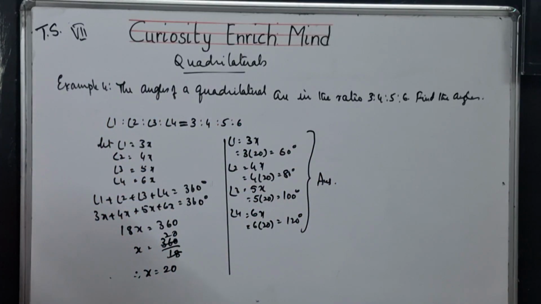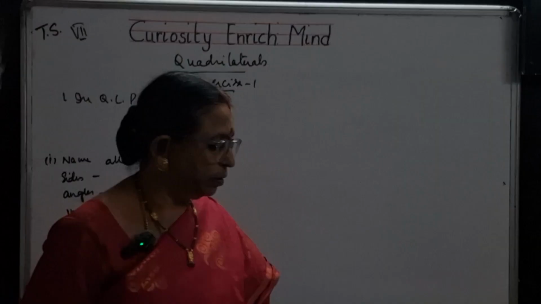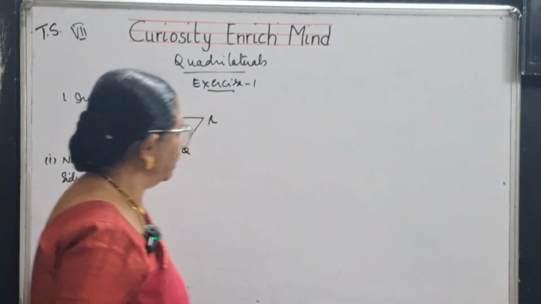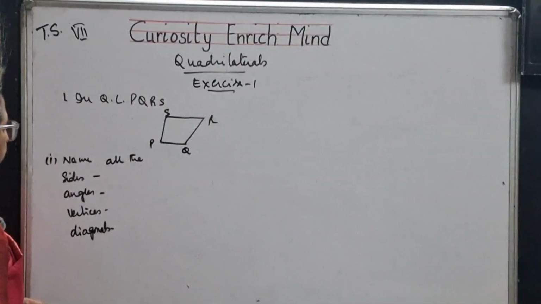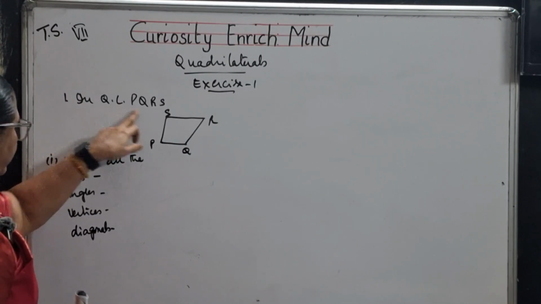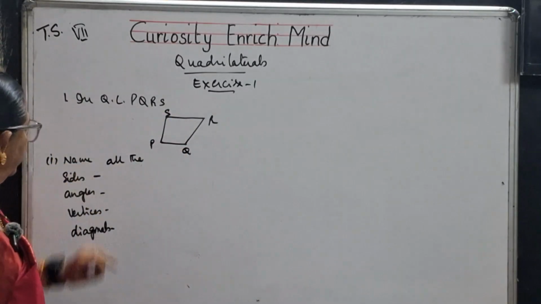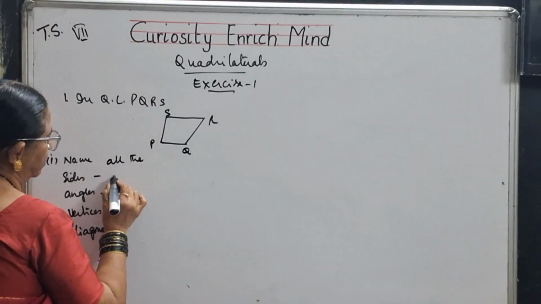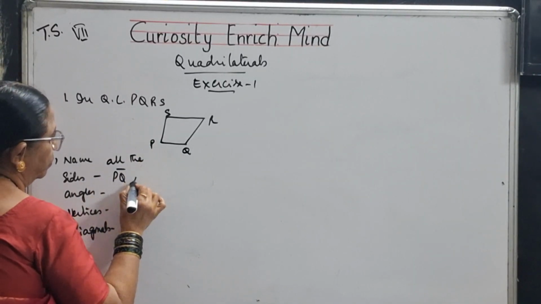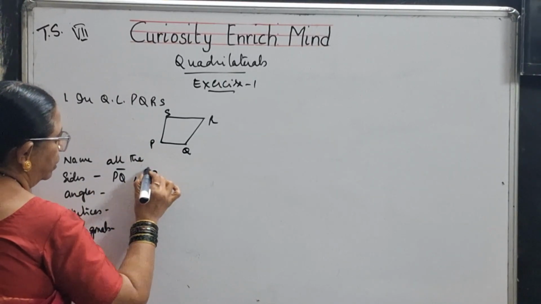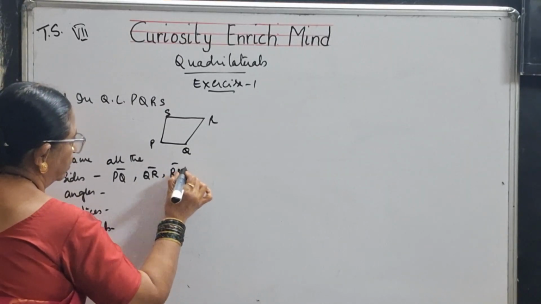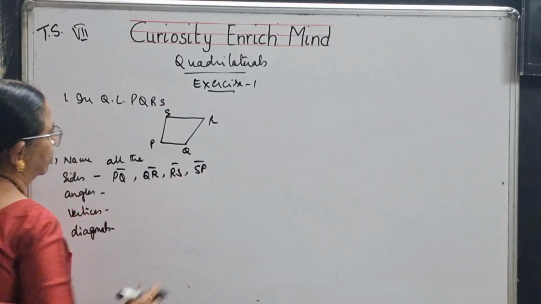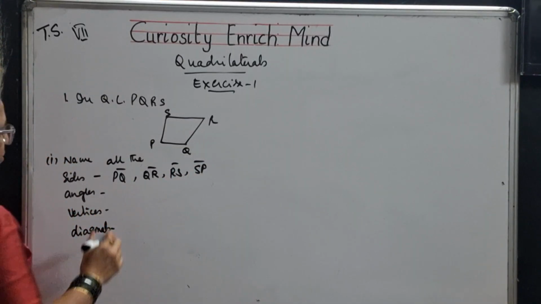Now exercise. First exercise, children. The first problem is in quadrilateral PQRS. First question is to name all the sides. What are the sides here? PQ, QR, RS, and SP. These are the sides. Next, angles.